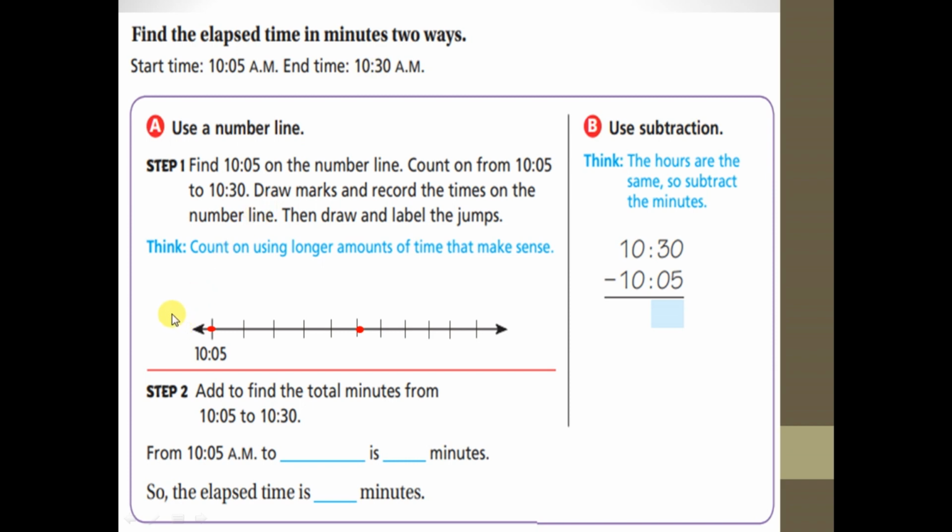Okay, so this number line represents the minutes between 10 and 11, and there are 60 minutes between them. So I will skip counting by 5. That's 5, 10, 15, 20, 25, 30, 35, 40, 45, 50, 55, and 60 is the whole hour, means it becomes 11.